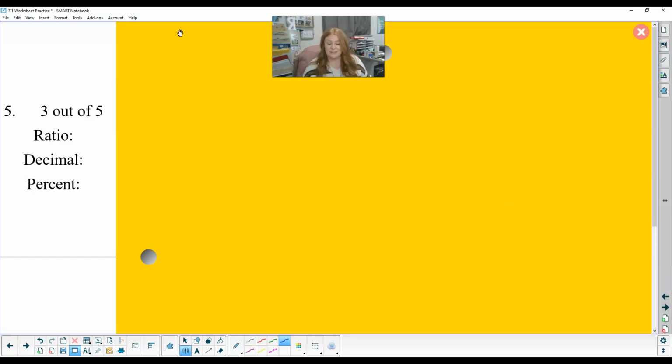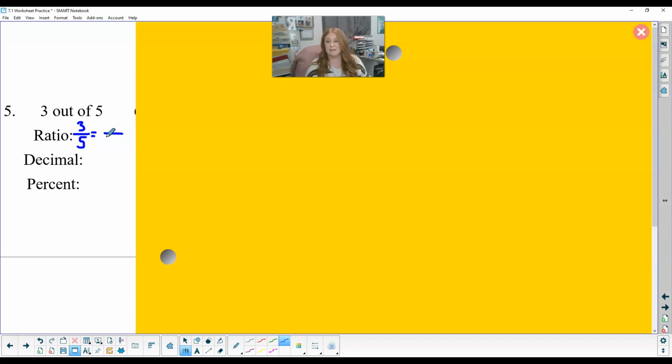So number 5 tells us that we have 3 out of 5. So I'm going to write my ratio, 3 out of 5. Now this isn't something that's ready to go for me, so I need to do some thinking and set this up proportionate to 100. Now 5 is a factor of 100, so I can count by 5s until I get to 100, or I can do 100 divided by 5.